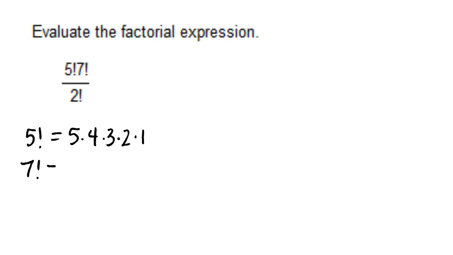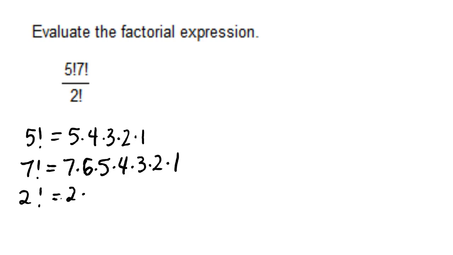So 7 factorial is 7 times 6 times 5 times 4 times 3 times 2 times 1. And 2 factorial is 2 times 1. We have some special definitions. 1 factorial is 1 and 0 factorial is 1.